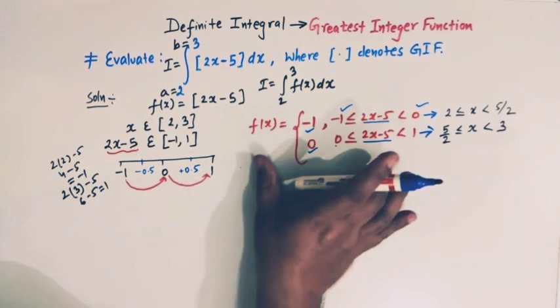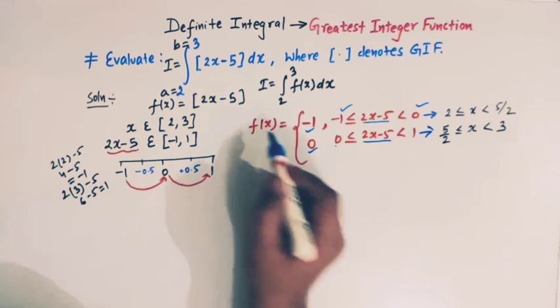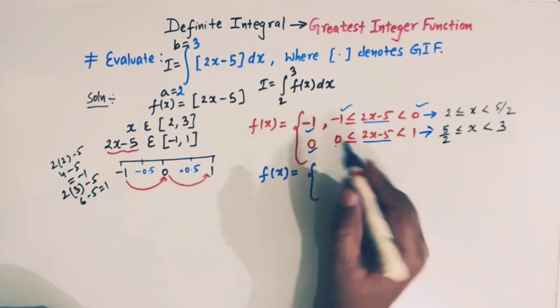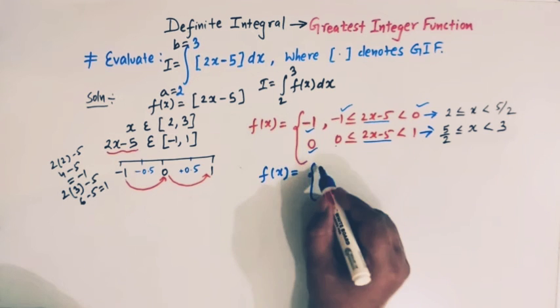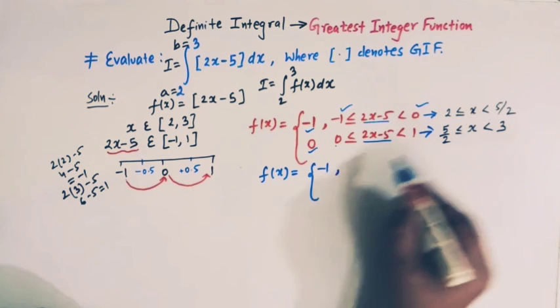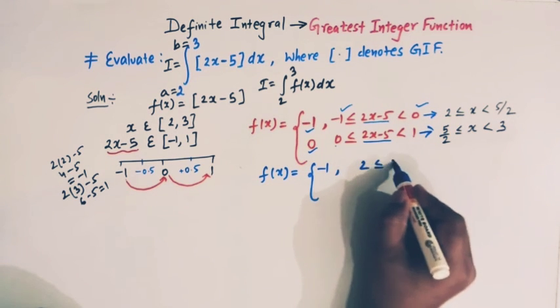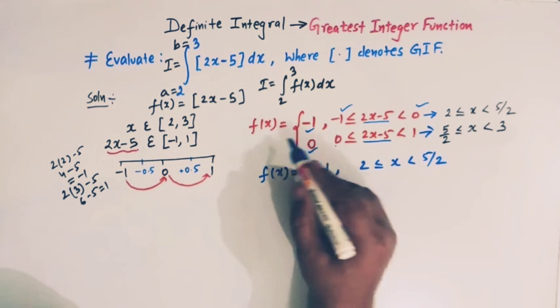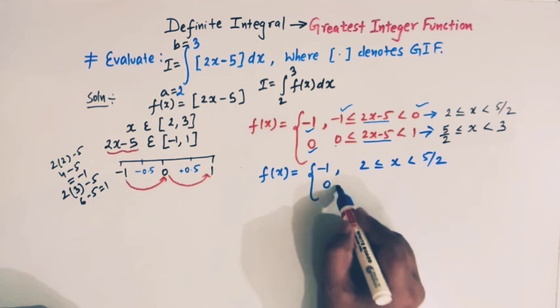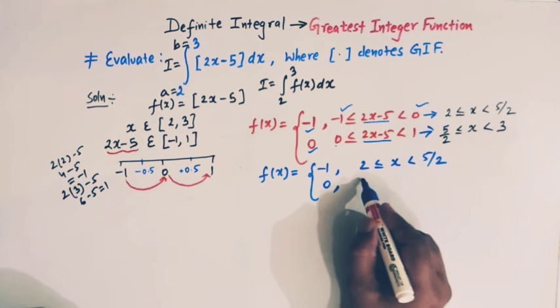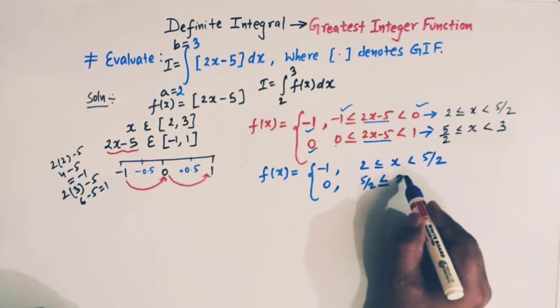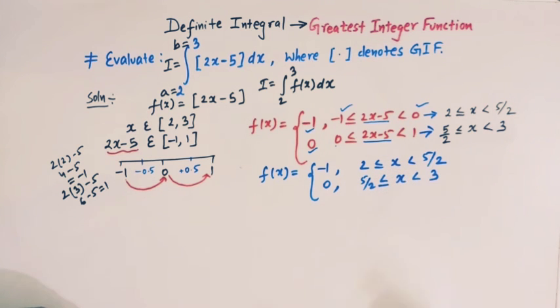Now viewers, this function f of x can now be rewritten as f of x is equal to minus 1 when x lies between 2 and 5 by 2, right? And f of x is equal to 0 when x lies between 5 by 2 and 3, right?